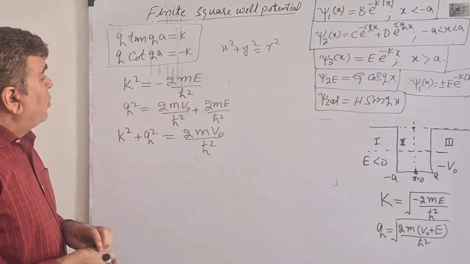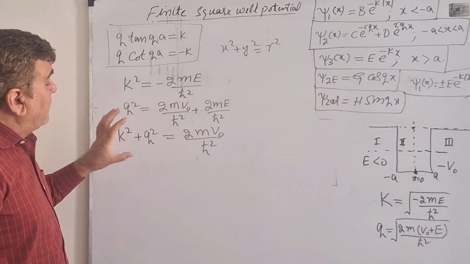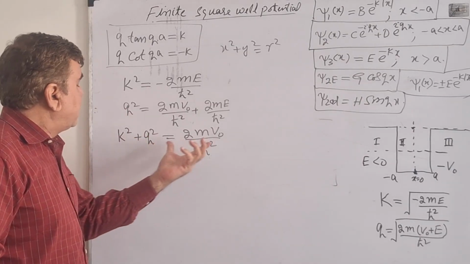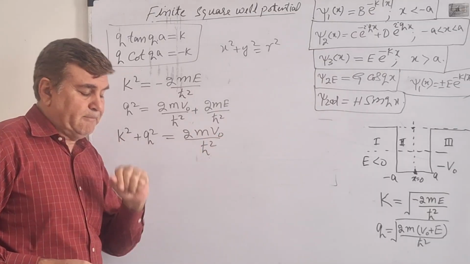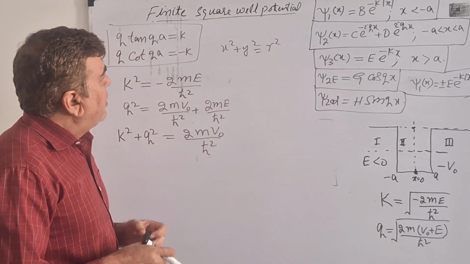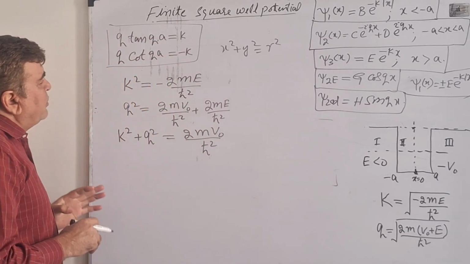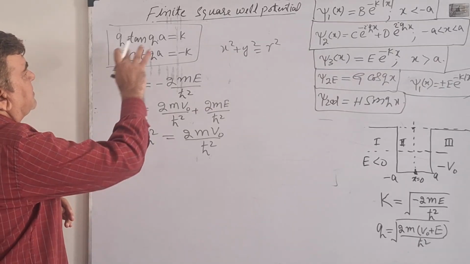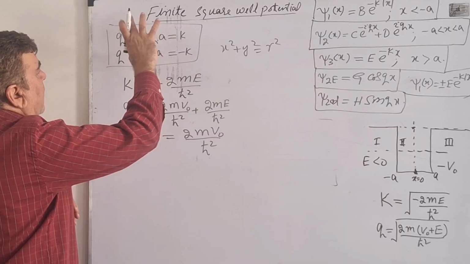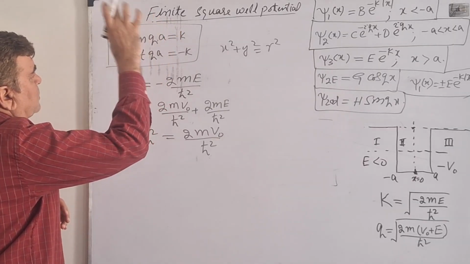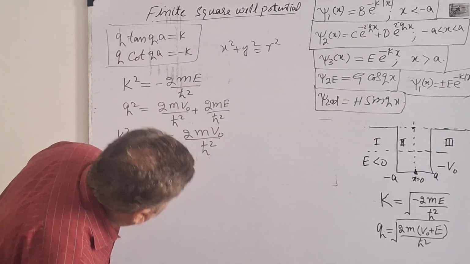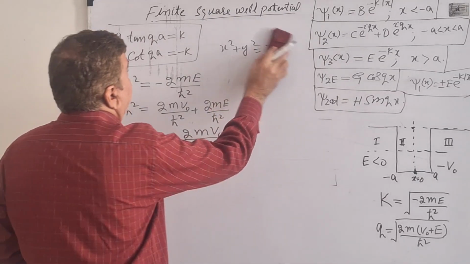With that in mind, only those values are acceptable which fall exactly on a circle of this radius. In order to carry out our numerical or graphical analysis, it is always easier, because otherwise we would need to count the units, to write these equations in terms of a dimensionless parameter.